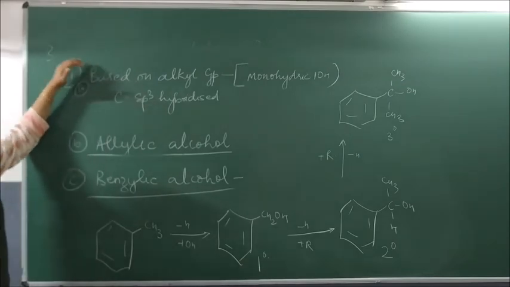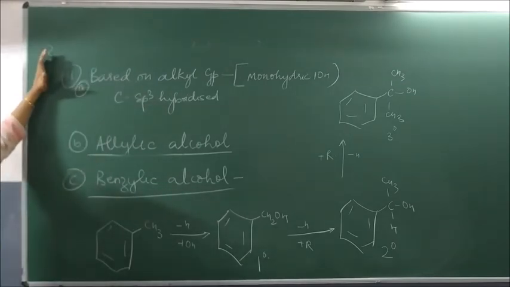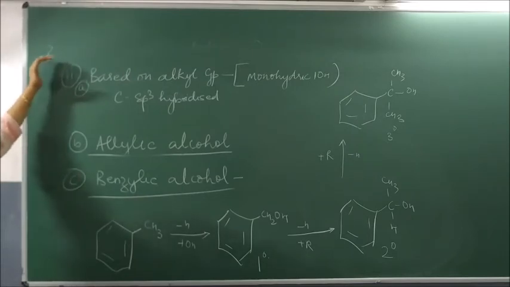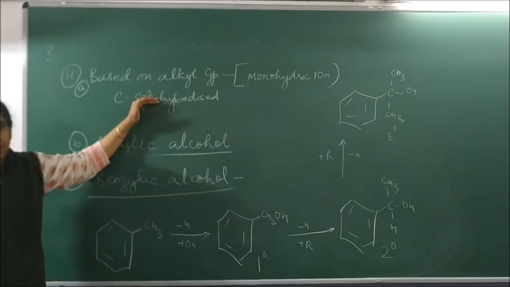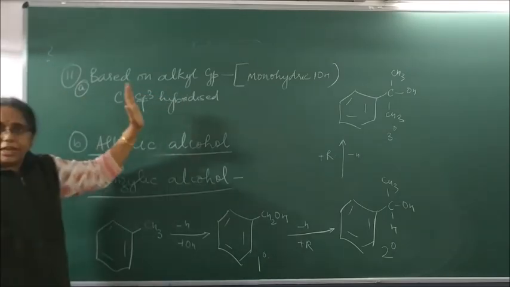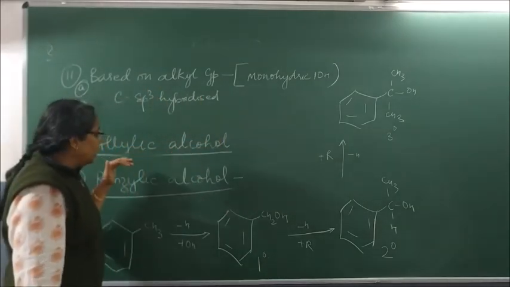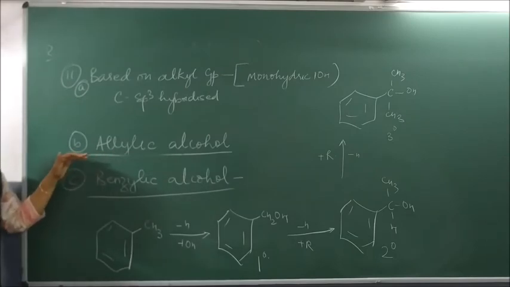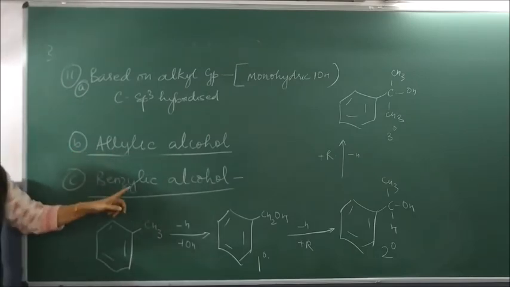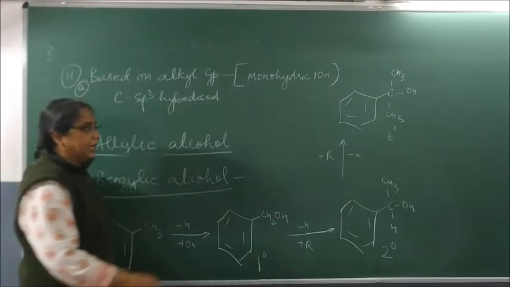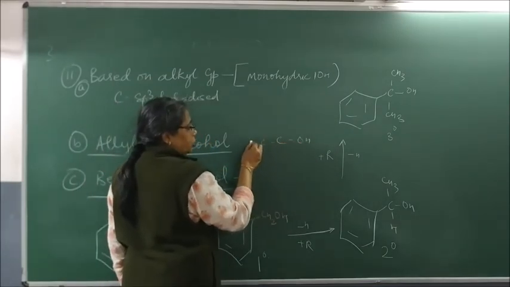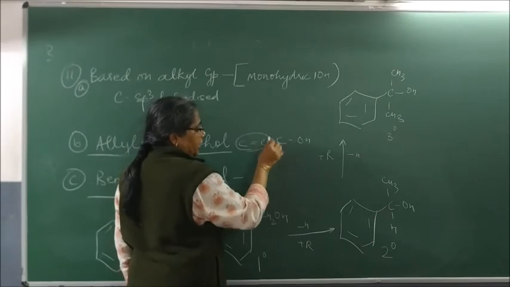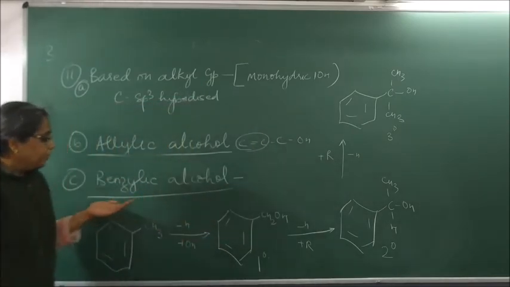So these are the classifications of alcohol based on alkyl group, where the carbon is sp3 hybridized. First was primary, secondary and tertiary alcohol. Second was allylic alcohol, where the carbon to which OH is attached is sp3 hybridized, but it is attached to an sp2 hybridized carbon.